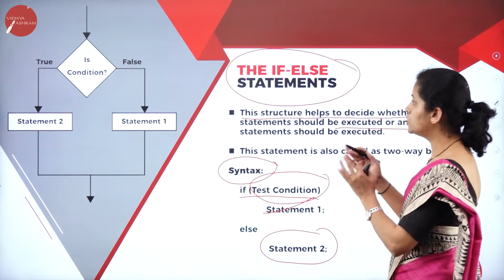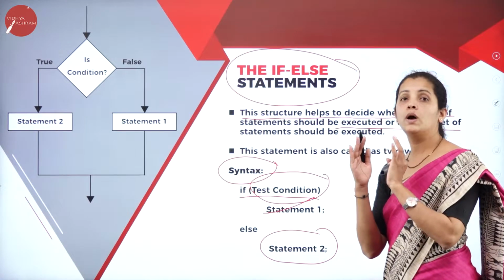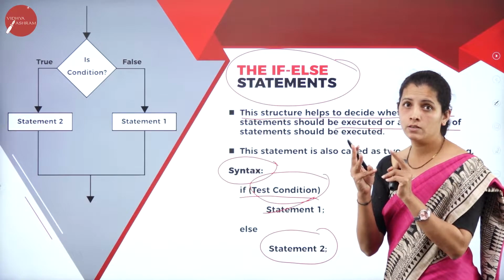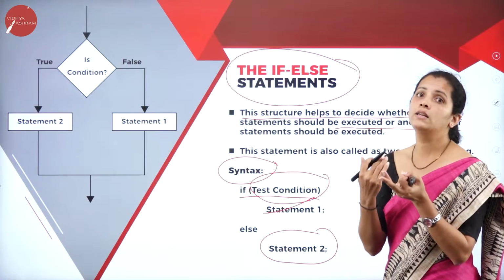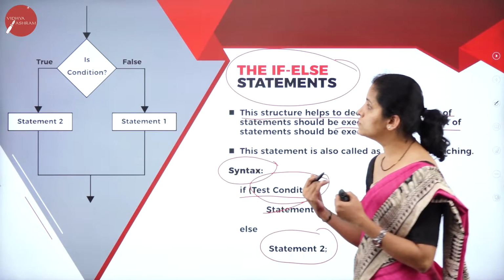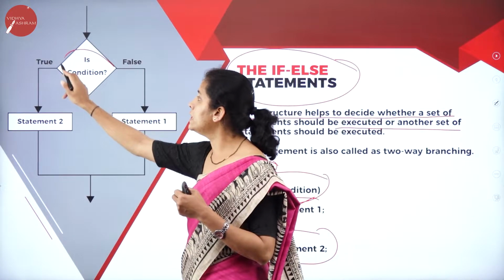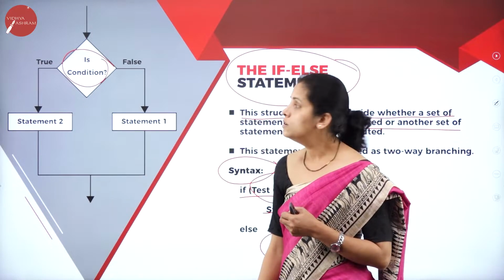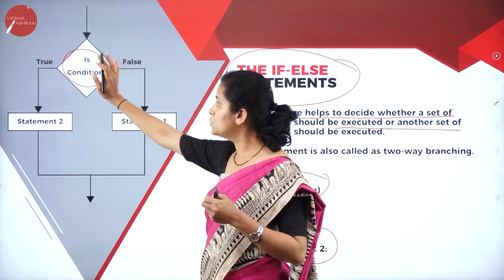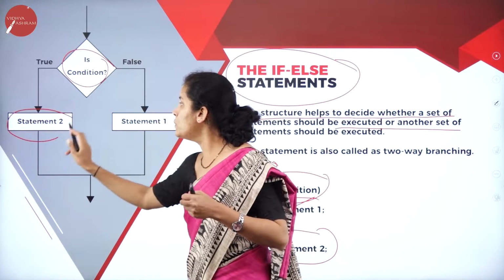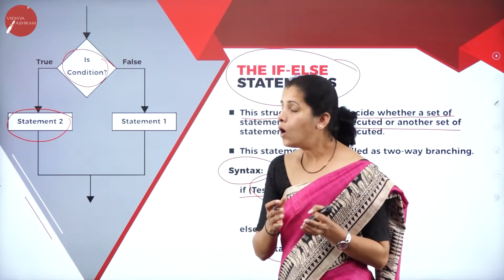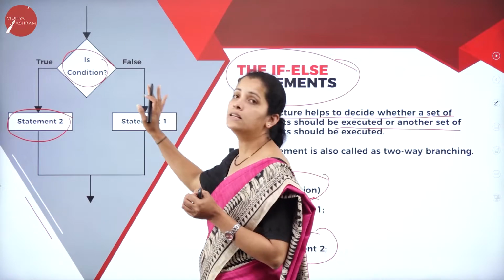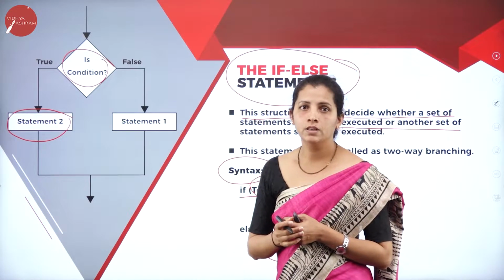So whatever the situation may be, I'm going to have two solutions: one is the true solution and one is the false solution. So here I'm going to write the condition. If this condition is true, then statement 1, or if this condition is false, then statement 2.